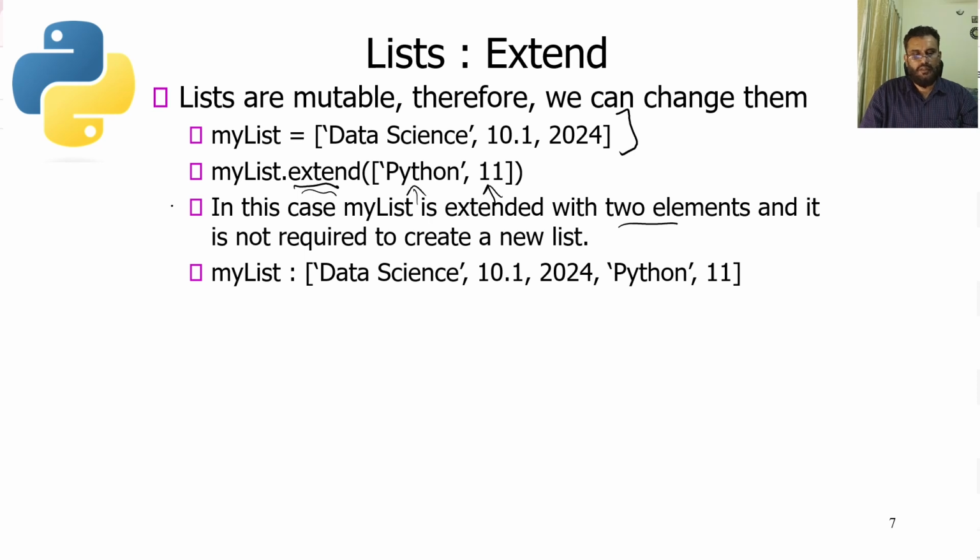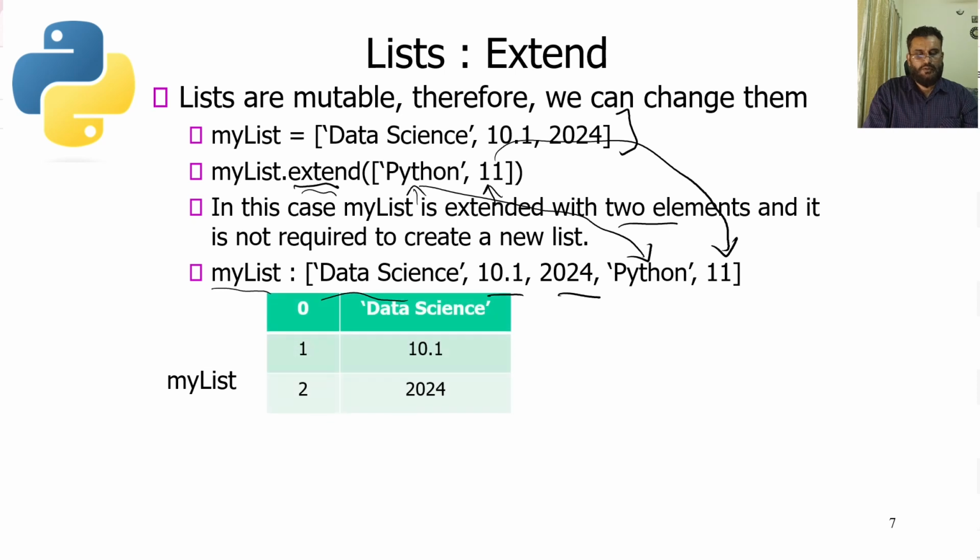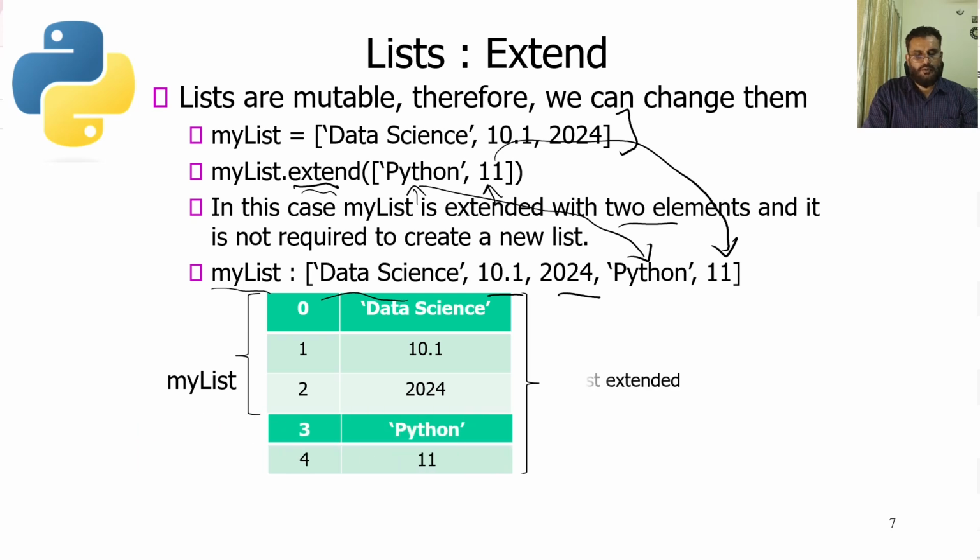So the result will be my list having elements data science, 10.1, 2024, Python stored as a separate element, and 11 stored as a separate element. If this was the original list, after the extend operation, the 2 elements will be added at index 3 and 4. So this is my list extended.